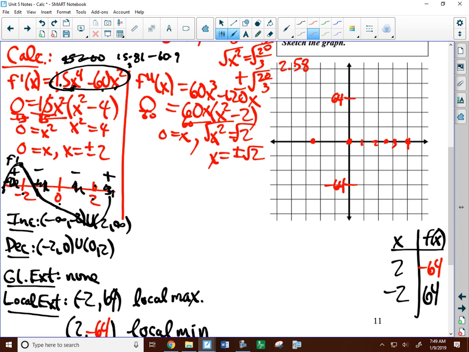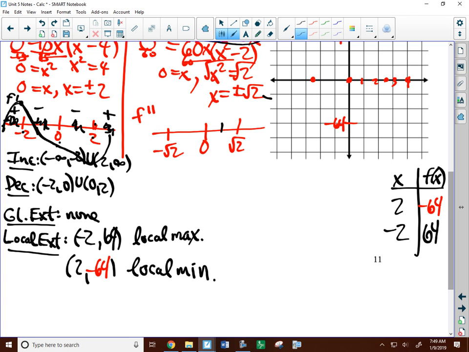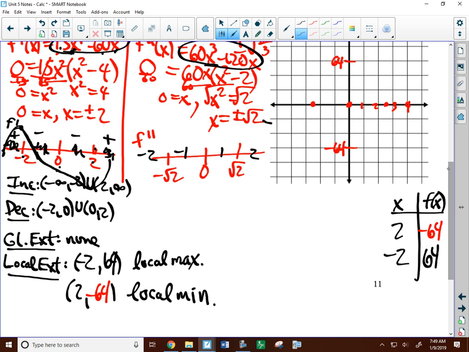Okay, so yeah, number line. 0, positive radical 2, negative radical 2. And we're working the second derivative, so I'm going to plug my test values into the second derivative. So again, radical 2 is like 1.4, so I can choose 1 and 2, and then negative 1 and negative 2.